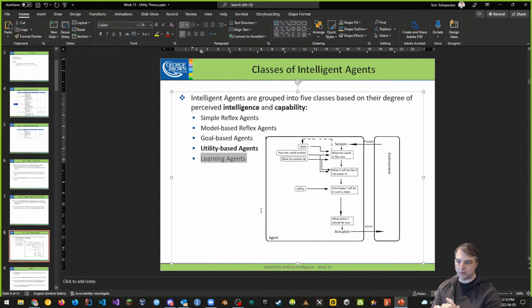We've been talking about different kinds of AI, strong AI and weak AI from the very beginning, supervised learning and unsupervised learning. We're going to be talking about that over the next couple of weeks. But for today, we're talking about utility-based agents, where the question is how happy am I going to be in such a state? Going back to that idea of utility and how that feeds into your goals and motivations.